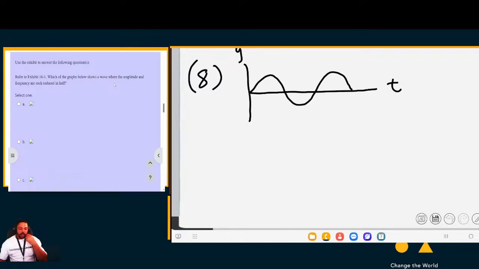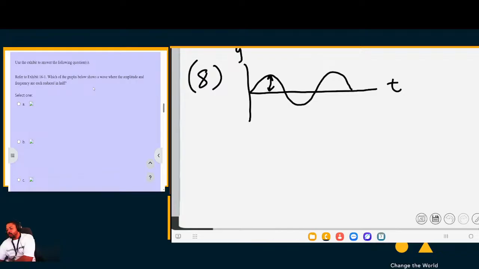So where is the amplitude reduced in half and the frequency is reduced in half?